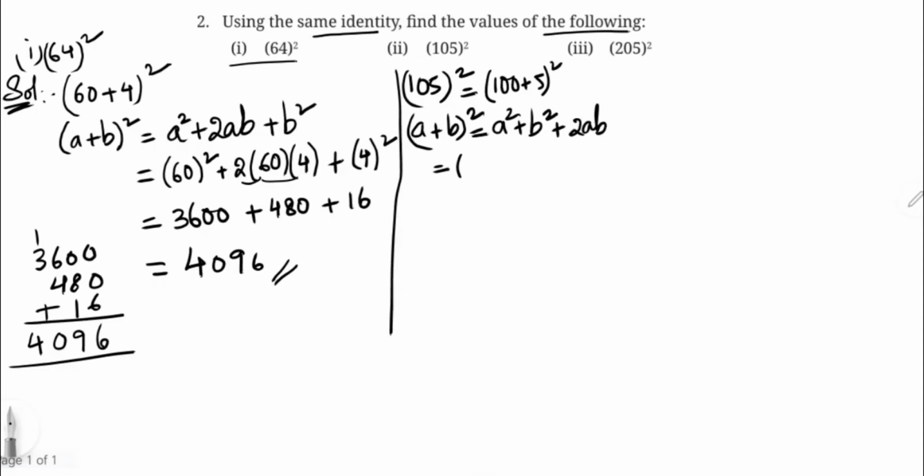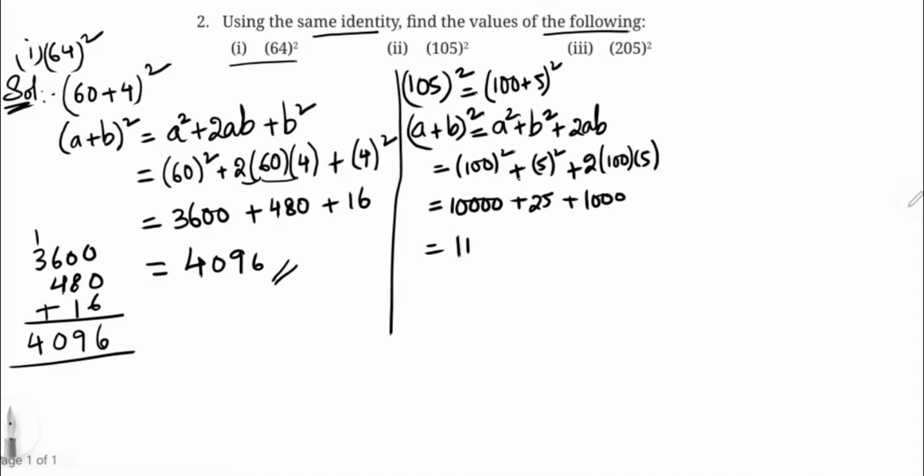So here a is 100 square plus b is 5 square plus 2ab, 2 into 100 into 5. So 100 square is 10,000 plus 5 square is 25 plus 2 fives are 10, 10 into 100 is 1000. Okay, now let us add this. So it will become 11,025.